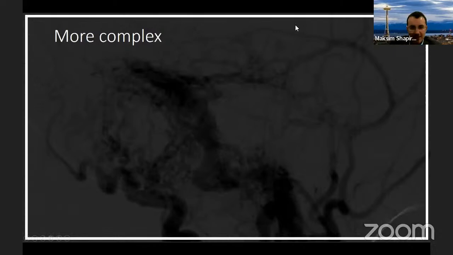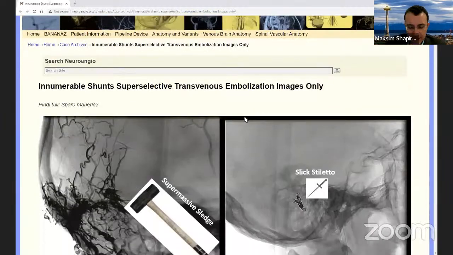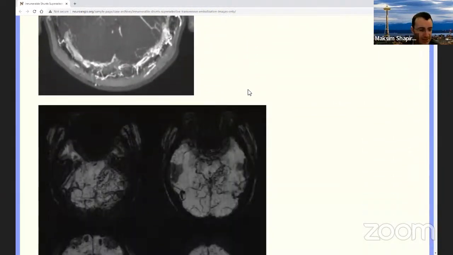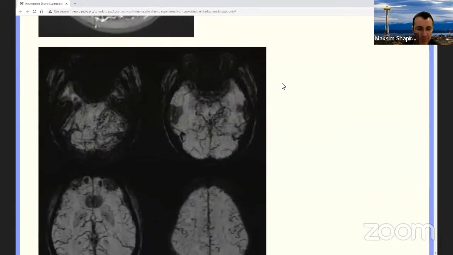For the more complex cases, I'm going to show a couple of others that you might not have seen. Let me go to this case. It would take too long to get into the anatomy of this.